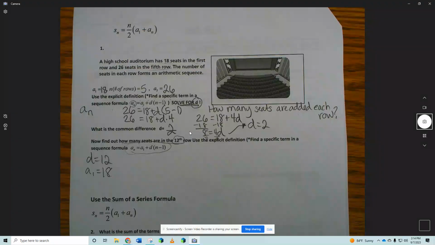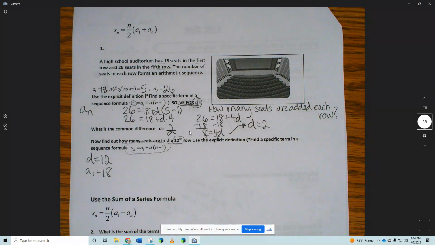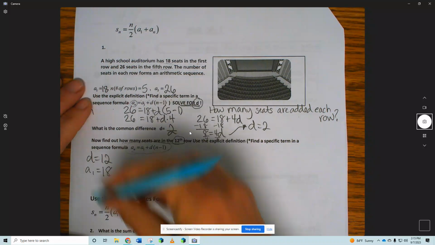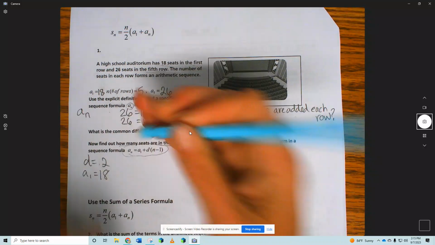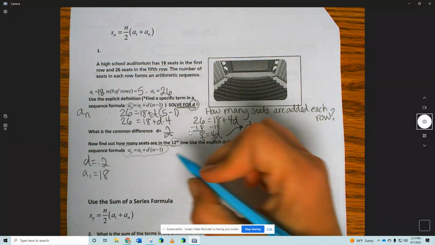I want the 12th row. Oh, the common difference is 2, not 12. Sorry. All right, what's the formula you wrote?